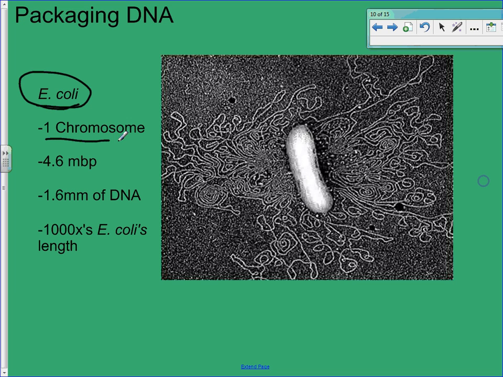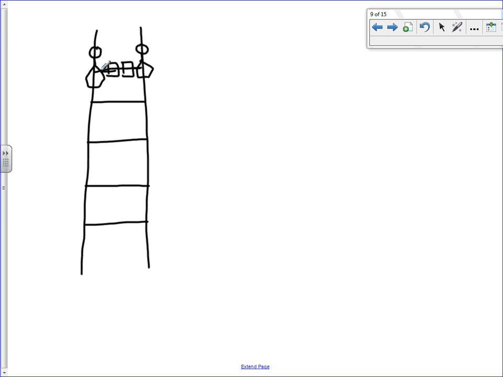What that means is, if we look here, this is 1 nucleotide, and here's its base pair. So this together is 1 base pair. Imagine having 4.6 million of these in a chain together. Think of how big of a molecule that is. And that's the chromosome for E. coli. Now, E. coli only has 1 chromosome, whereas humans, remember we said, have 46.